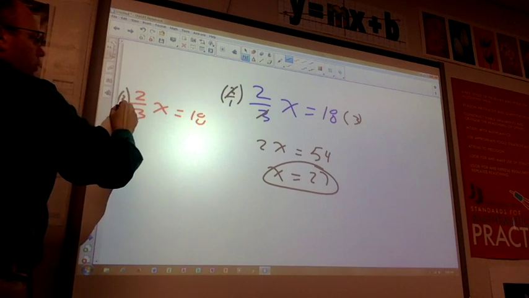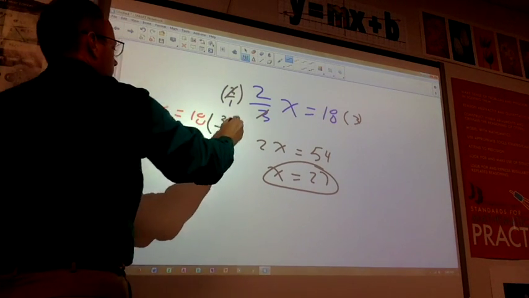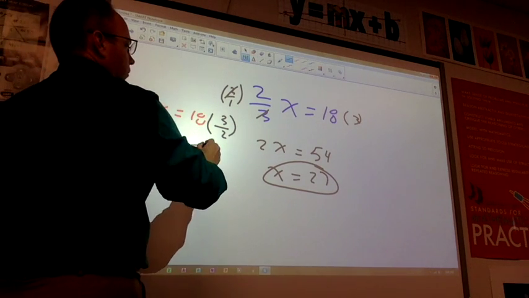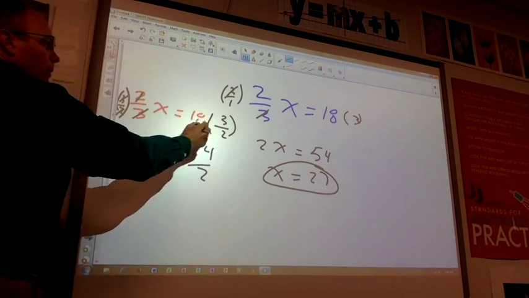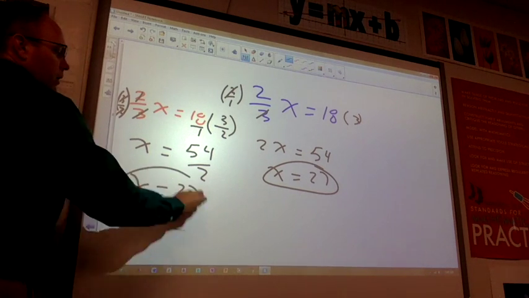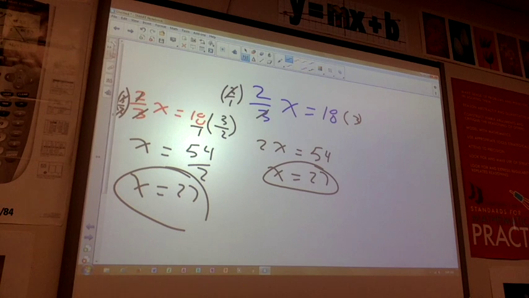Multiply by 3 over 2 and 3 over 2. So that gives me x equals 54 over 2. If I multiply that out, which is 27. So there's two ways of going about it. One way you could clear the denominator. The other way is you multiply by the reciprocal of the fraction. That makes sense? I think that's what you asked.